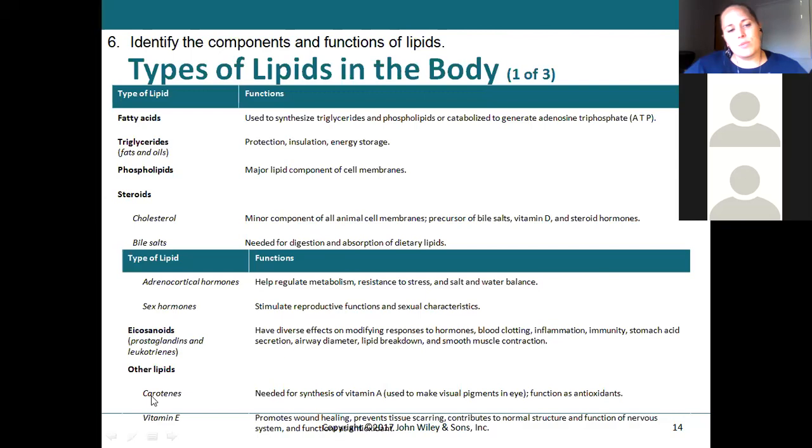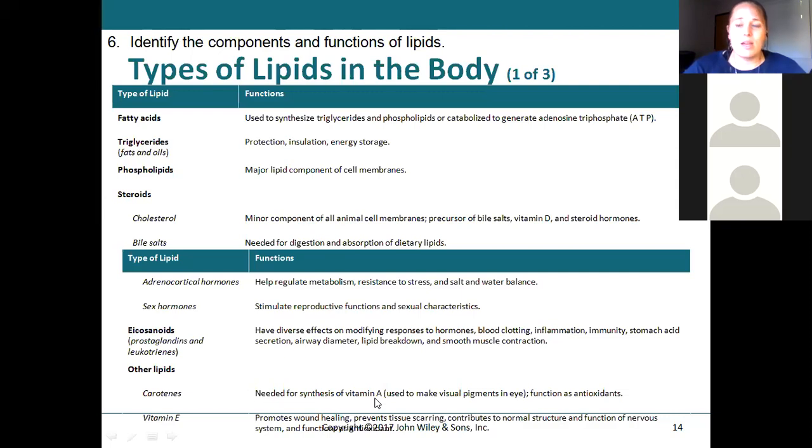Other lipids worth mentioning are things like carotene and vitamin E, important for cellular function, things like the synthesis of vitamin A, which has a very important role. There's a large part of the world that has a vitamin A deficiency that can affect eye function. One way that some outreach institutions have tried to mitigate that is by making a genetically modified rice that's got vitamin A in it.